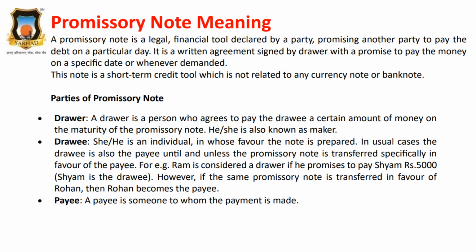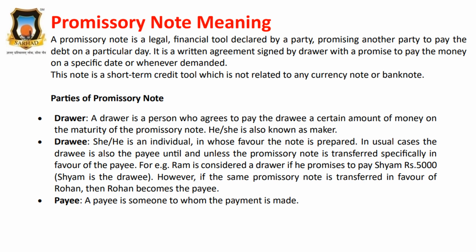The promissory note is a legal financial tool declared by the party promising another party to pay the debts on the particular day. It means I'm going to give you a promise that I'm going to give you 10,000 rupees after 3 months. This is my promise, and I'm going to give you this promise in return with my signature, date, with my name, and with your name. It means it comes under the promissory note.